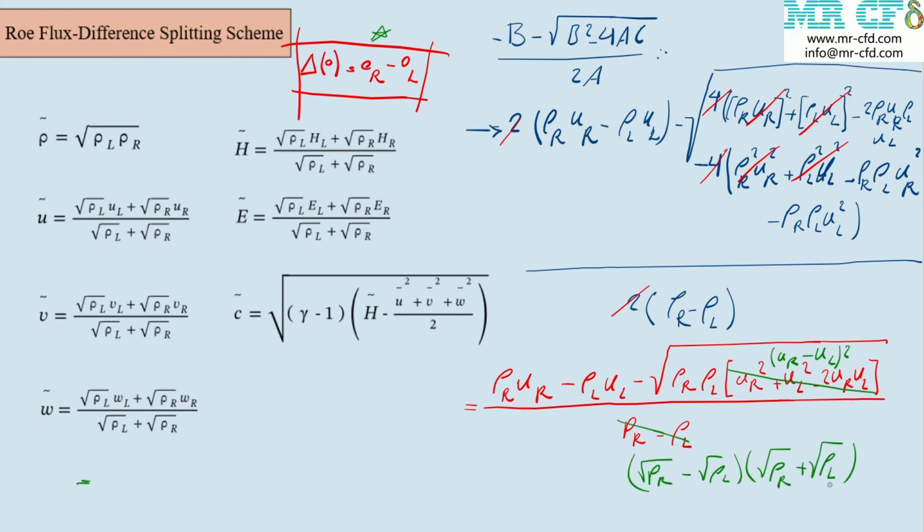This expression draws on the square roots of ρL and ρR, and terms cancel out appropriately in the numerator and denominator. The exact formulation for u tilde is outlined.